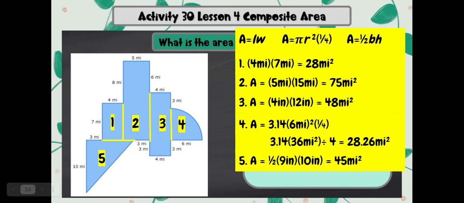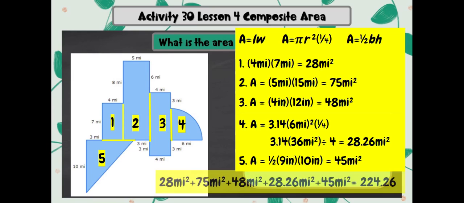So I have 1/2 times 9 times 10, which gives me 45. Then I can take all 5 of these figures, the area of them, and add them together and get 224.26 miles squared. That should say miles squared.